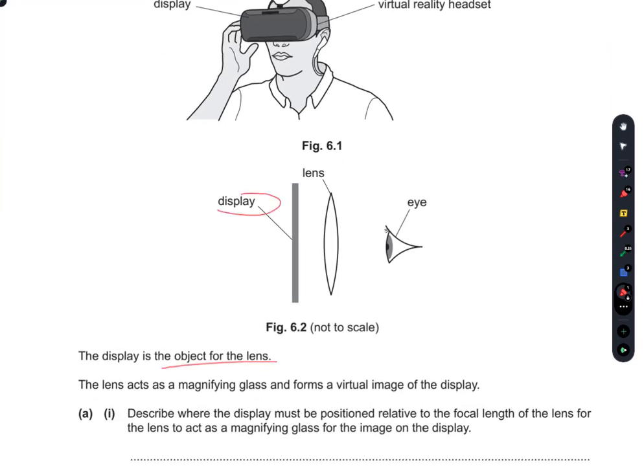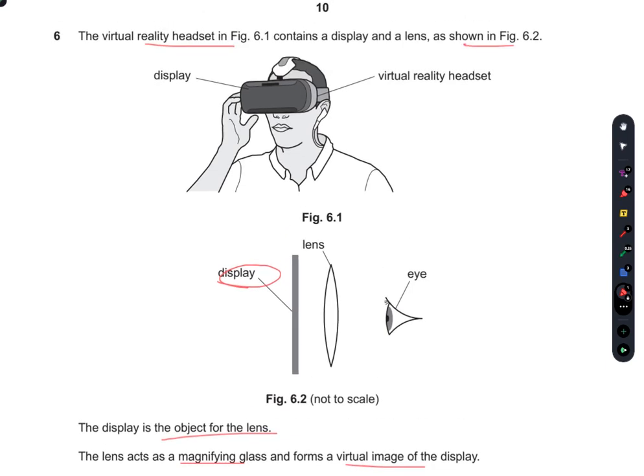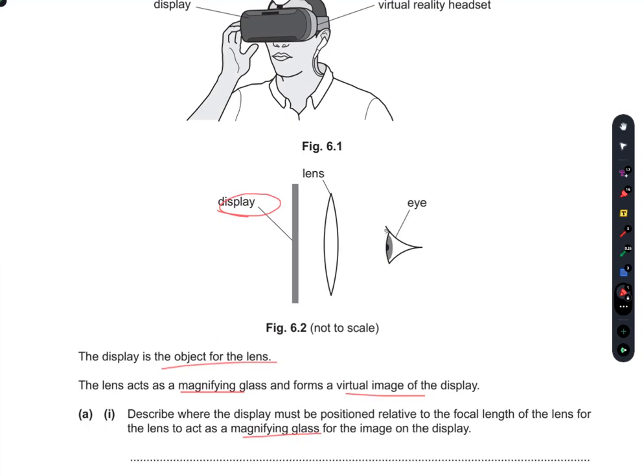The lens acts as a magnifying glass and forms a virtual image of the display. Describe where the display must be positioned relative to the focal length of the lens for the lens to act as a magnifying glass.